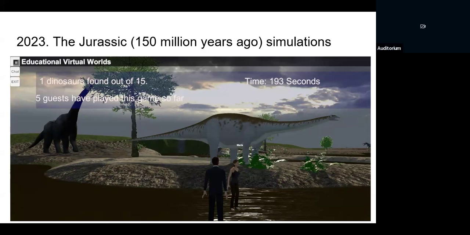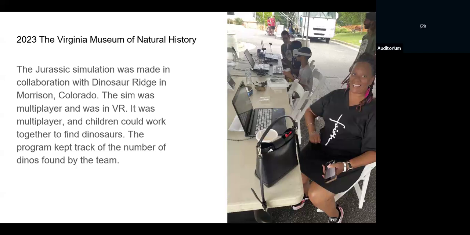So I had a couple of students running around in the VR headsets finding these dinosaurs, and as one person on the team found one, the information got sent to the other teammate, or vice versa. So it was a way of quickly having people find these animals. And every time they found one, a pop-up would appear that would tell you information about each one.